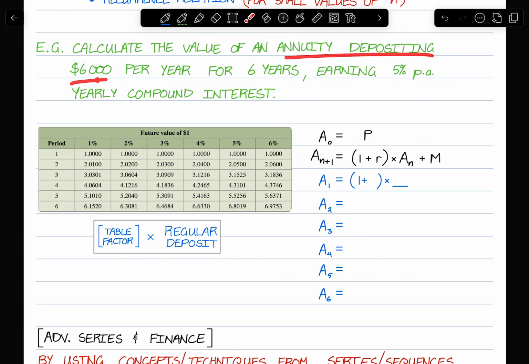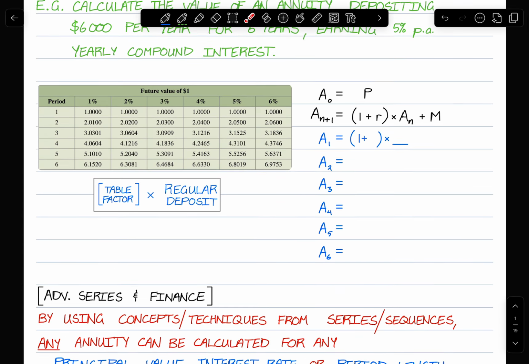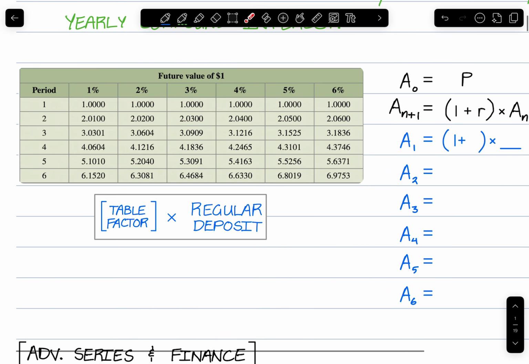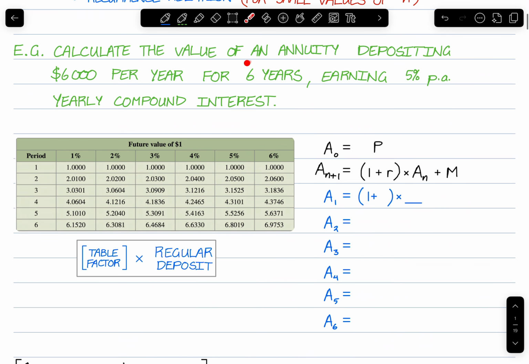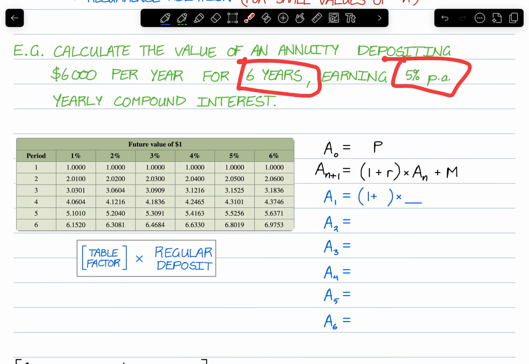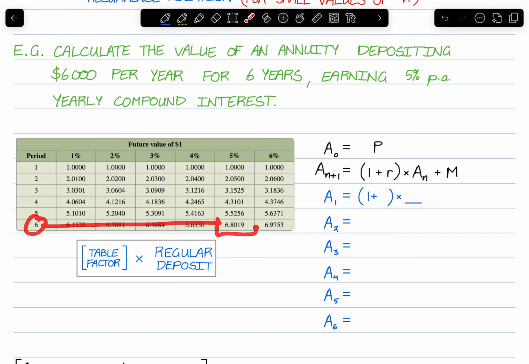So, annuity, $6,000 per year, 6 years earning 5%. For a future value table, we simply find those conditions: 6 years, 5% per annum. So period is 6, 5% is this one.